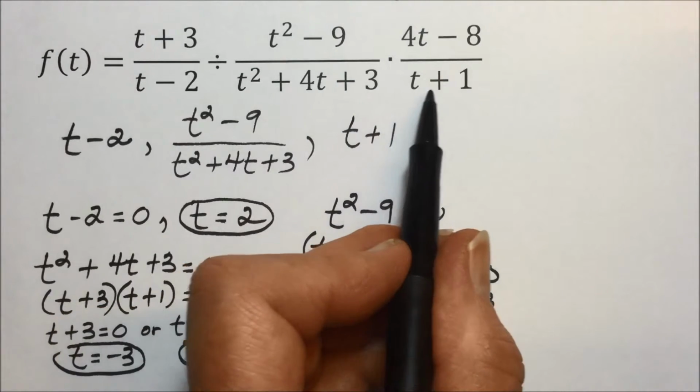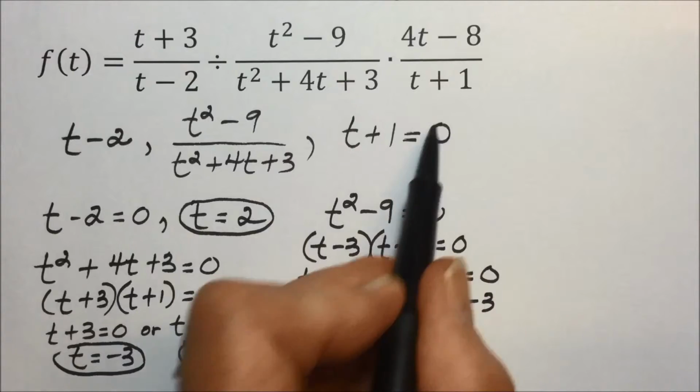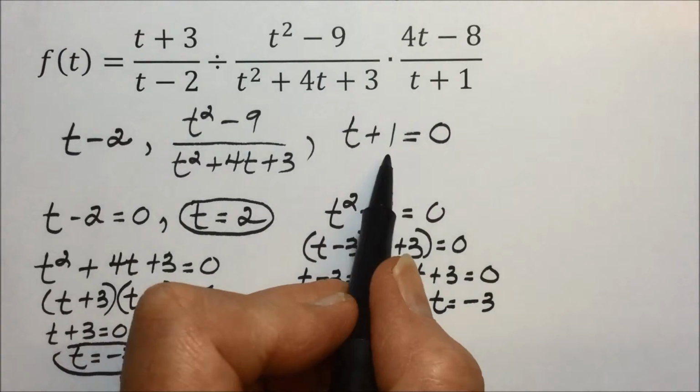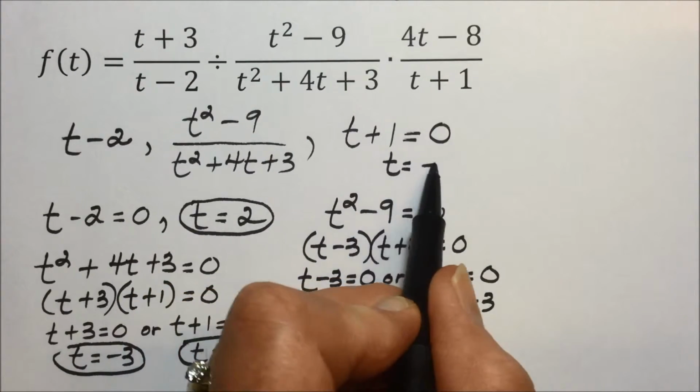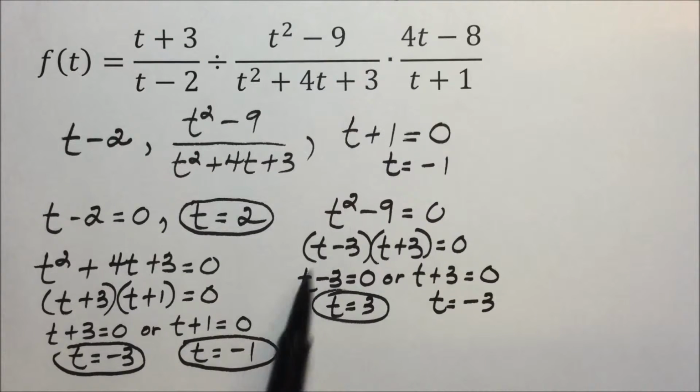And our last one is our denominator here. When will it equal 0? Something we want to avoid. When we subtract a 1, we end up with t is equal to negative 1, which was also part of our list.